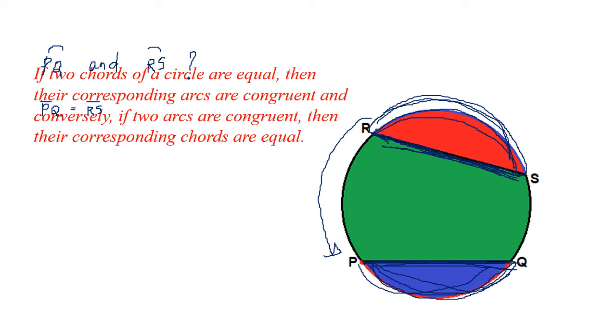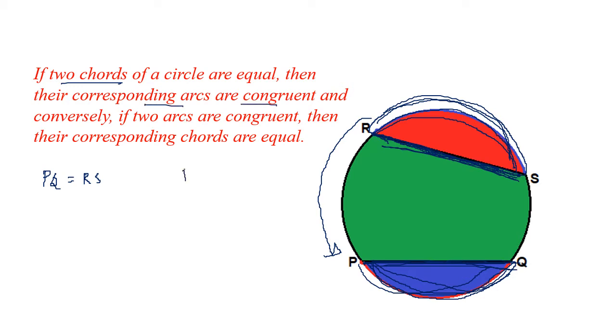So what statement do we have here? If two chords of a circle are equal, like the two chords PQ and RS which we took, then the corresponding arcs are congruent.